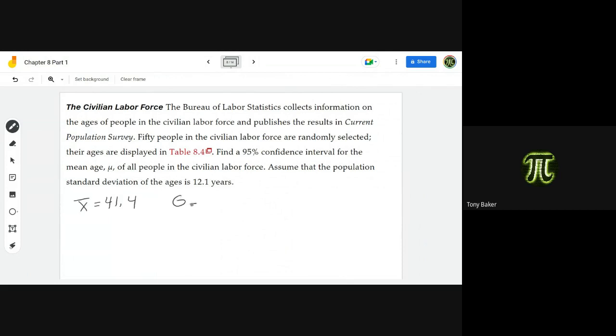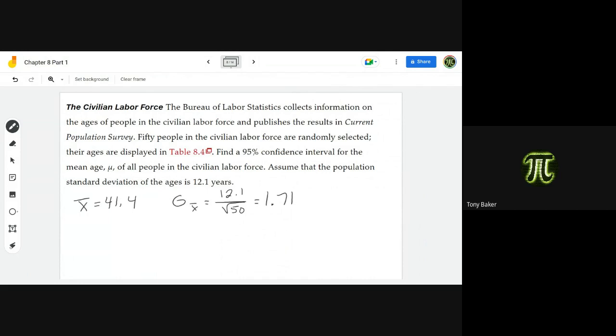And now we're going to look for the standard deviation of the sample mean, so 12.1 divided by the square root of 50. So what is it for this one? 1.71.